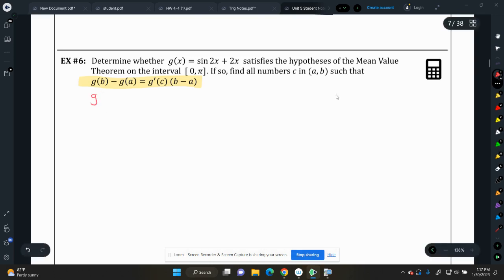What is this? G of b minus g of a. If I had b minus a over here instead of on the right side, now tell me what that means. That's your mean value theorem. This is my average rate of change. This is my instantaneous rate of change, right? So we should recognize that.